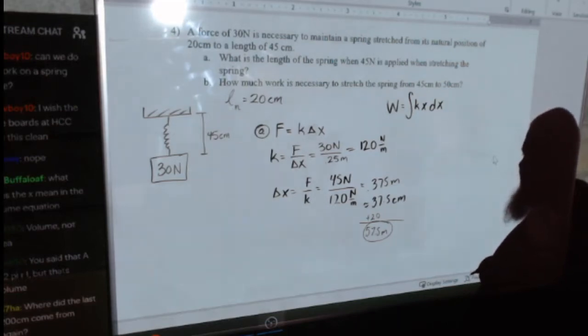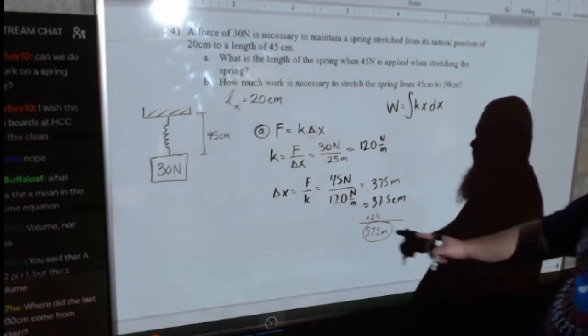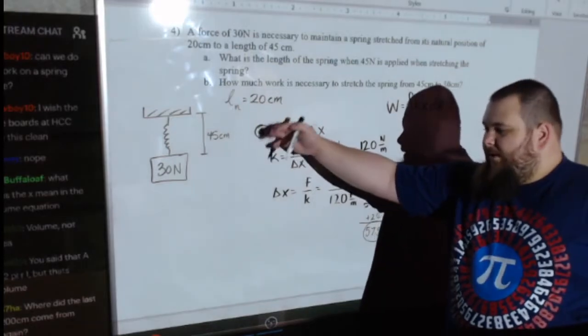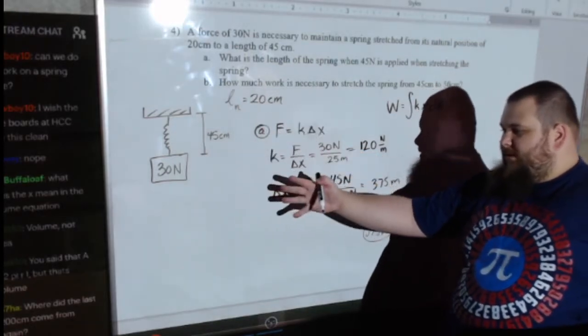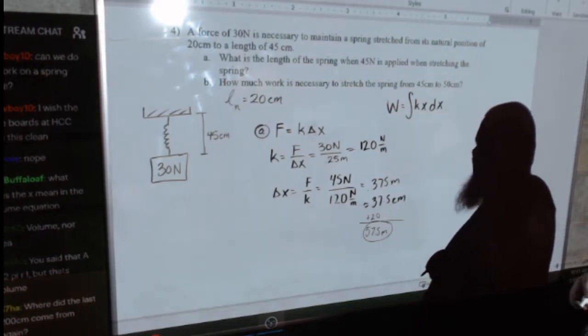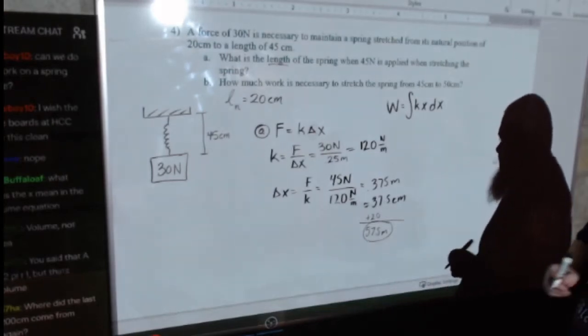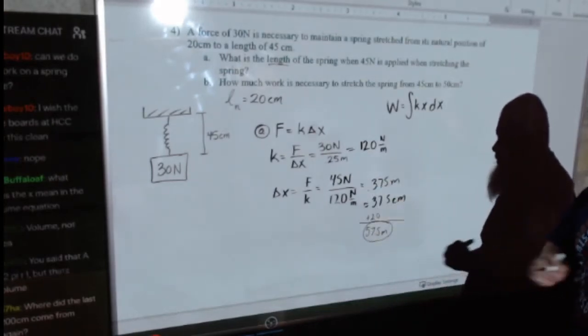Where did the 20 centimeters come from? So this is the change in length. I needed to add it to the natural length, what the spring's length is with nothing hanging from it, to get the total length when you hang 45 newtons.